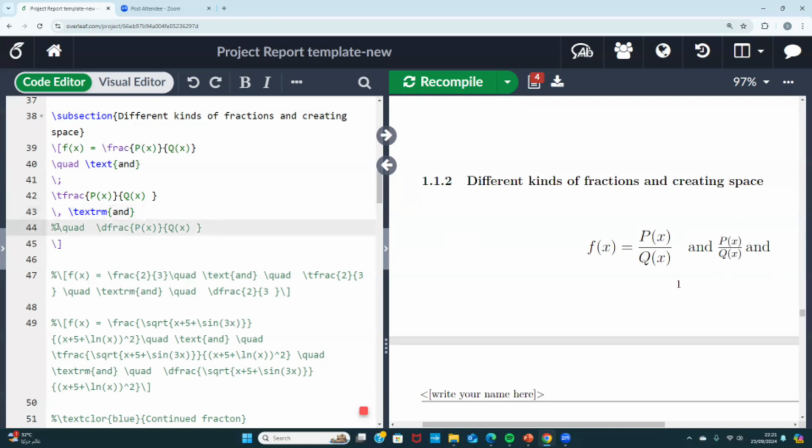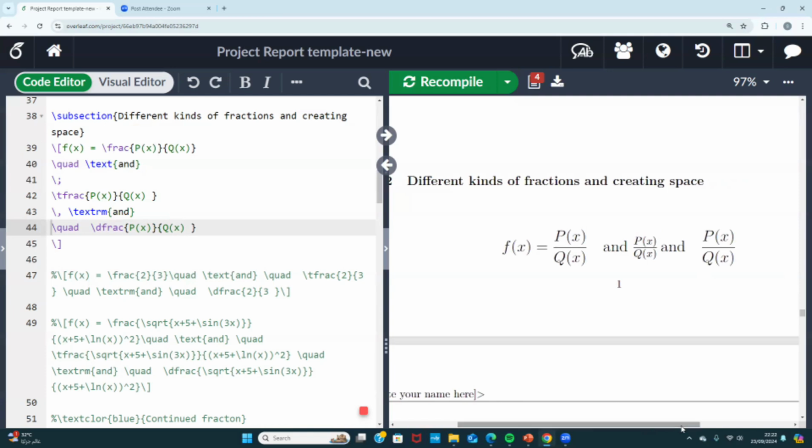Then the last fraction is \dfrac. The dfrac looks bigger. In this expression, because we are writing only one term in the numerator and denominator, frac and dfrac may not show a visible difference, but there is a difference when you use a big expression.